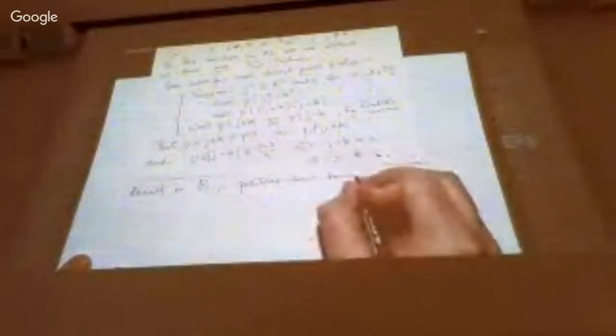Something else that's apparent from the examples, not immediately apparent, but you start to notice it. Recall that in the reals, the positives have square roots, the negatives don't.